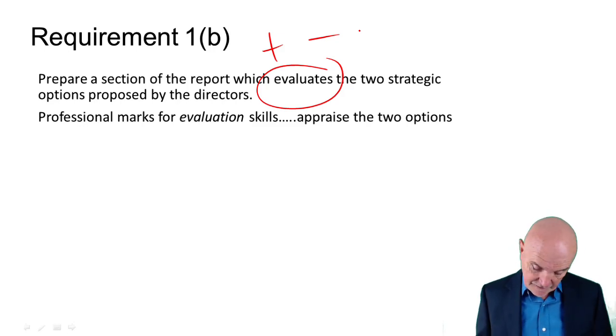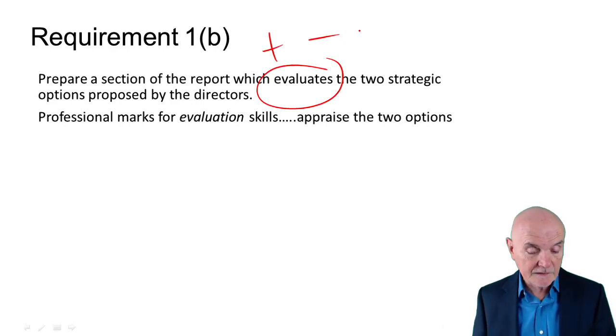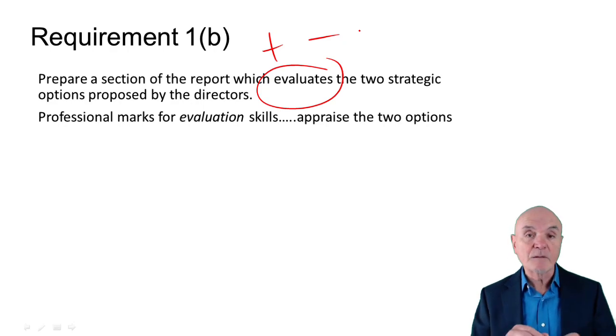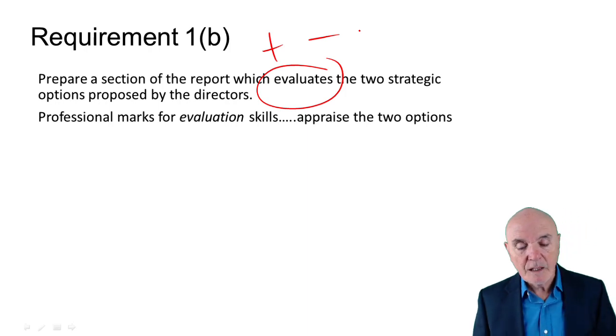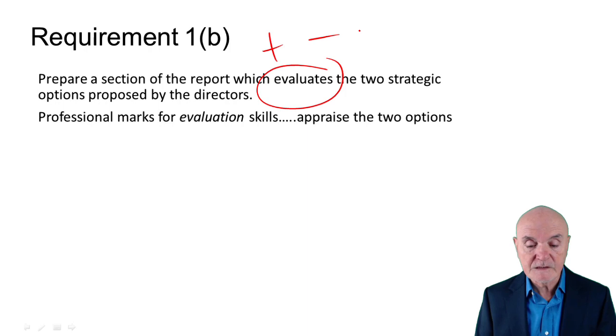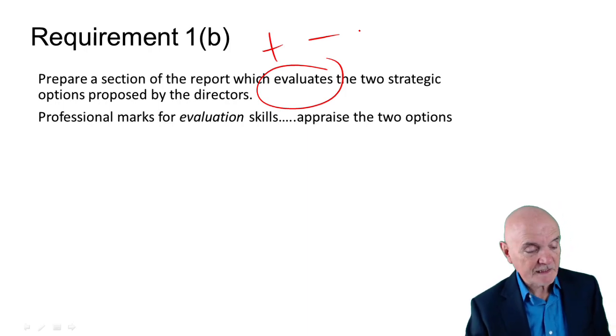Maybe we're not even asked for a conclusion. The conclusion they've got here is the proposals are not mutually exclusive. They could invest in both of these, which have different risk and return profiles. I think we could probably get away without a conclusion, provided in our evaluations for both of the options we cover the pluses and minuses successfully.